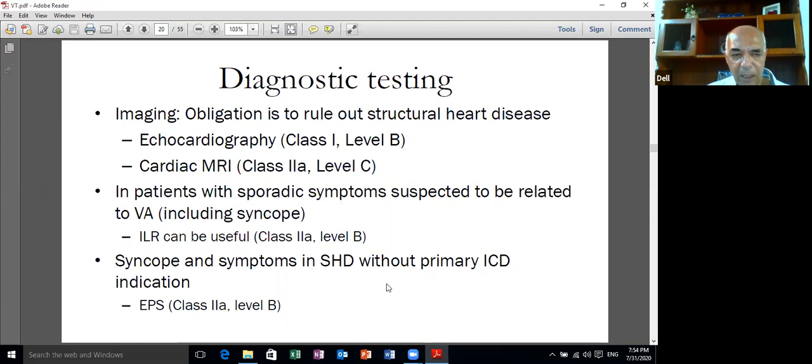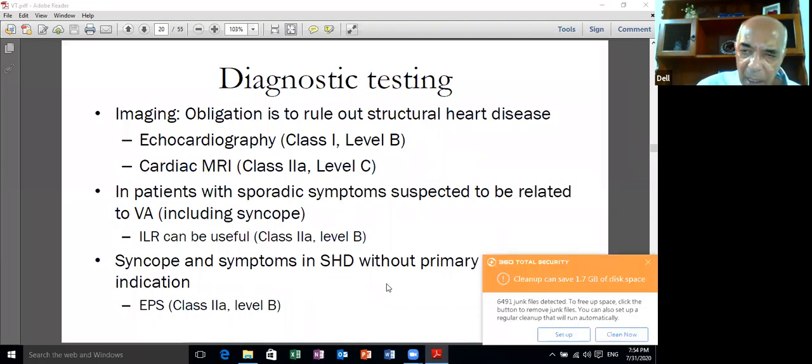If the patient has syncope and structural heart disease but doesn't have an ICD, then this is a class 2 recommendation for doing an electrophysiologic study. So this is our plan in studying patients to diagnose whether they have structural heart disease or not.